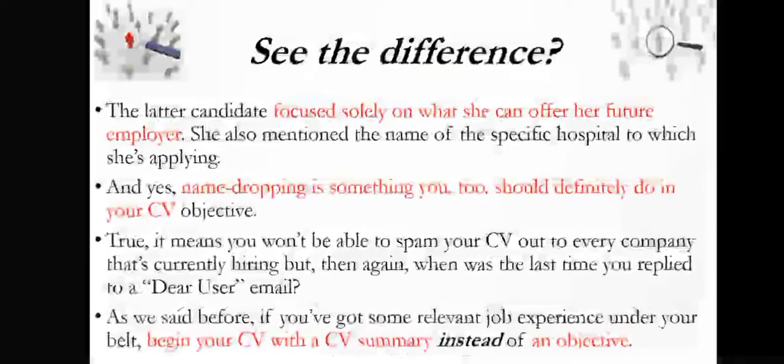I hope you see the difference, guys, because the candidate focused solely on what she can offer her future employer. She has also mentioned a name, and yes, name dropping is something you too should definitely do in your CV objective. So you make sure that you begin your CV with a summary or objective like this, and this will make the employer be attracted to you.